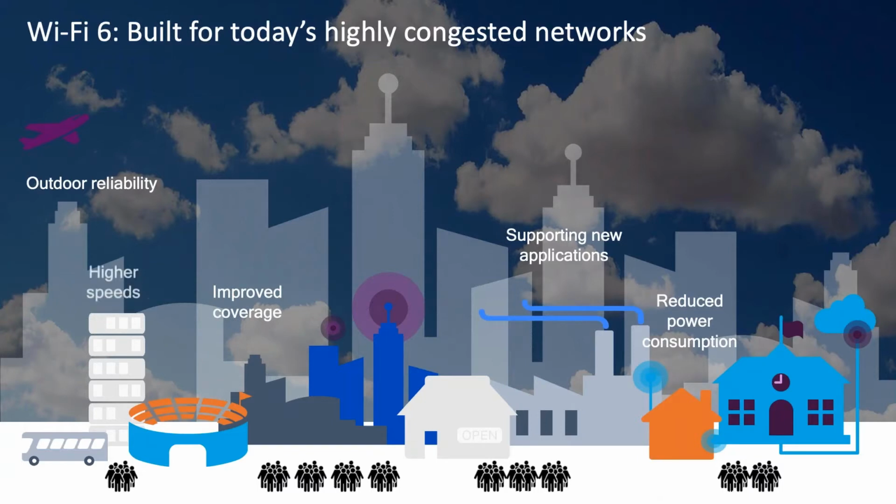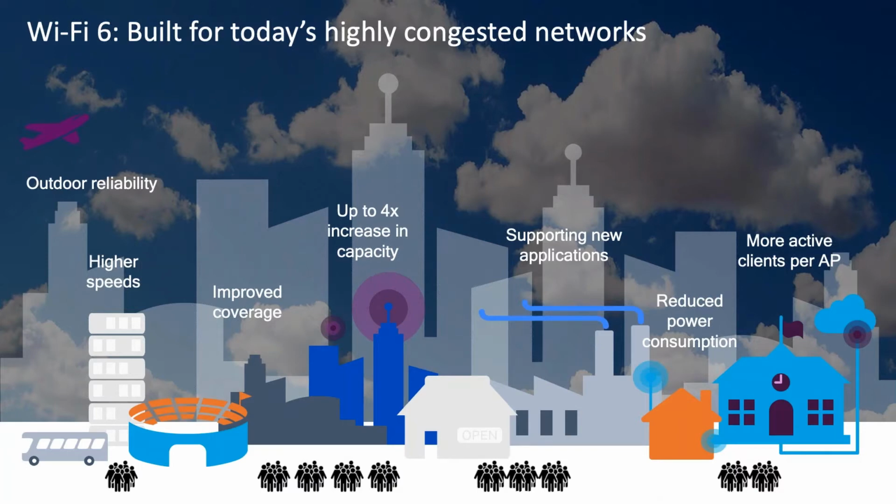So what's the promise? What is Wi-Fi 6 supposed to bring us as users? There's several things, and if you look at this list, it will seem unrealistic. You'll be like, there is no way one generation of Wi-Fi can actually give us this many improvements, but it really is, and we'll talk about how.